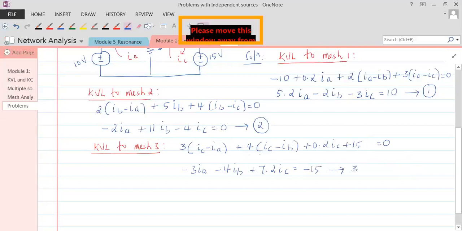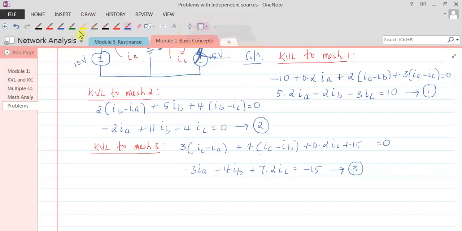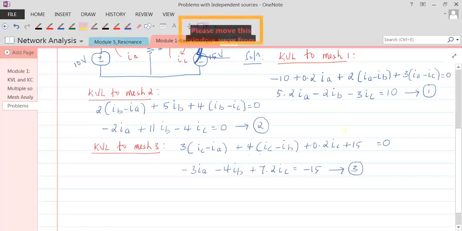Now what I want you to observe here, everybody just give your time to me. Look at this equation. Which current is positive now? This is positive in mesh 1.